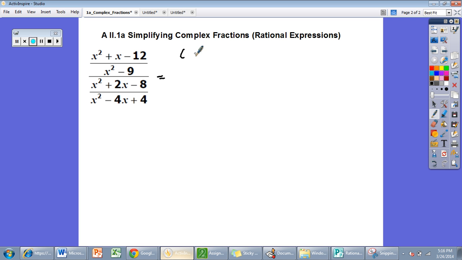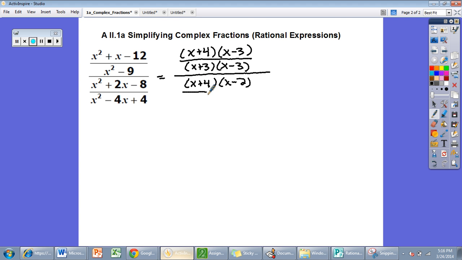This factors to be x plus 4, x minus 3, x plus 3, x minus 3. That's our top part. And then this factors to be x plus 4, x minus 2, and x minus 2, x minus 2.